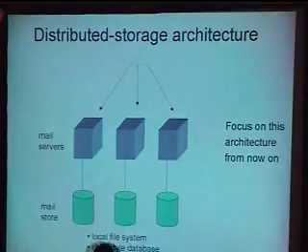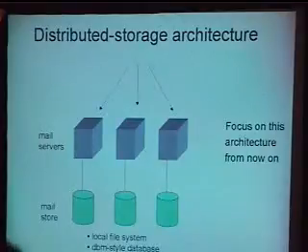And in this case, the storage can be cheap. It could be local disk. Typically, it's a DBM database, something like that, Berkeley database. But there are a bunch of interesting problems in an architecture like this. So the rest of the discussion will focus on this.